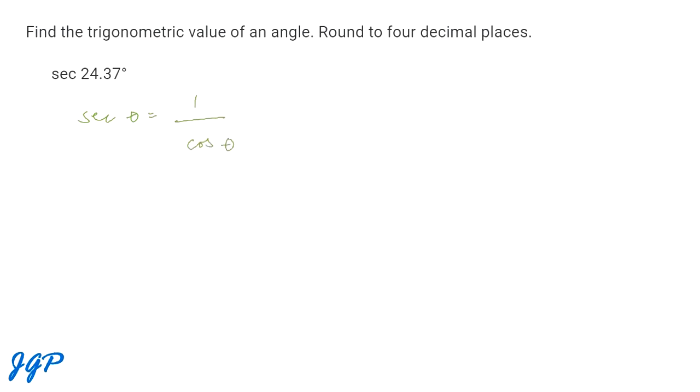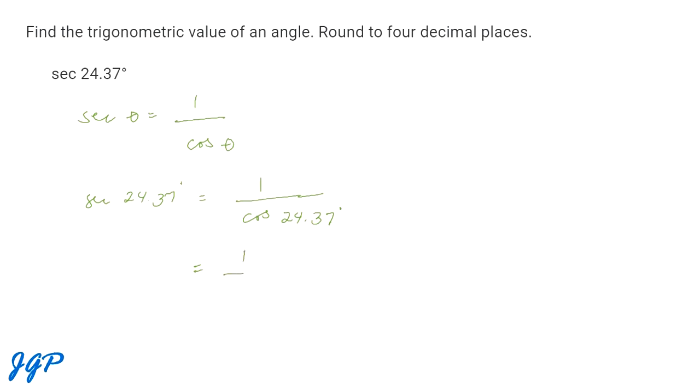So, ibig sabihin, to find secant 24.37 degrees, that is the same as 1 over cosine 24.37 degrees. And let's find first the value of this cosine 24.37 degrees.